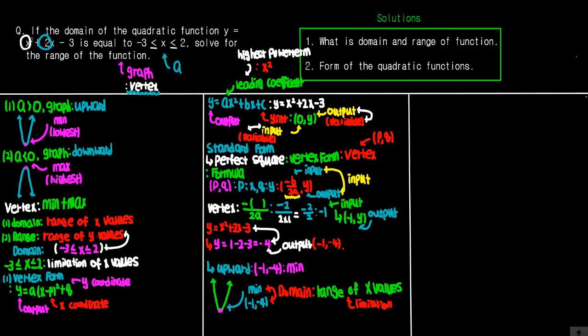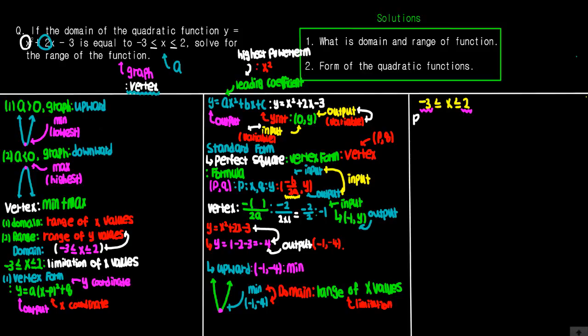So first of all, let's write our domain down. The domain was between negative 3 and 2. So this is the domain of our quadratic function. The x value can be between negative 3 and 2. All you have to do is input these x values back into our original function to get our range.